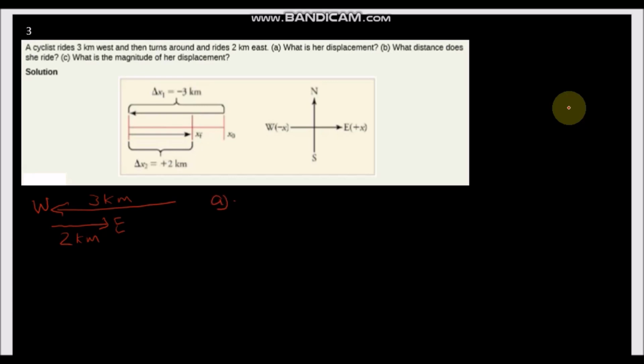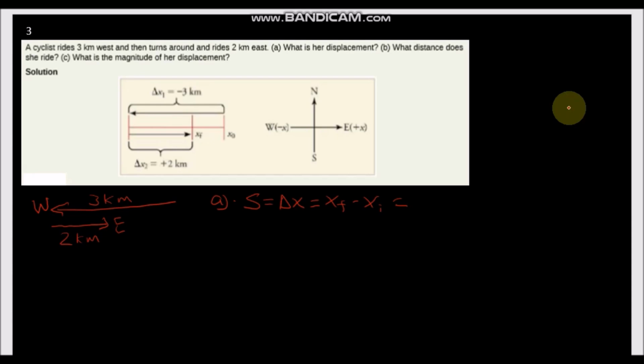The displacement is calculated by S is equal to change in position X. That means X final minus X initial. In our case, X final means the final position of the cyclist.